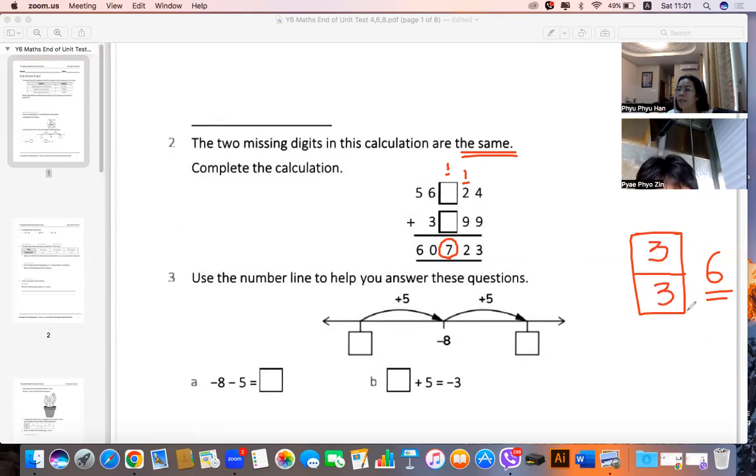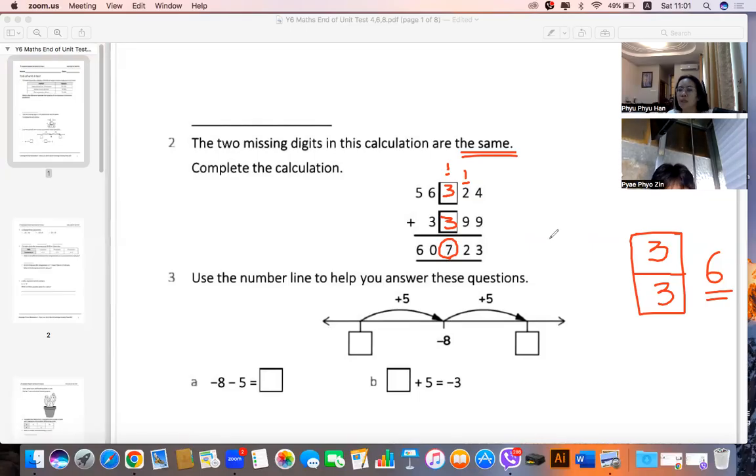3 plus 3, you get 6. So I put 3 and 3 here. So do you get 7 here? 3 plus 3 plus 1, you get 7. So is your answer correct or not correct?